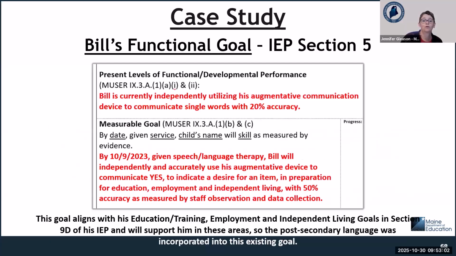He has a functional goal. He has his device, which is one button, to communicate yes, to indicate a desired item. So this goal links to all of his post-secondary goals. We want him to independently use that switch to communicate.